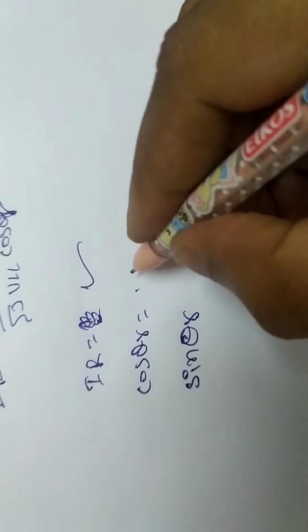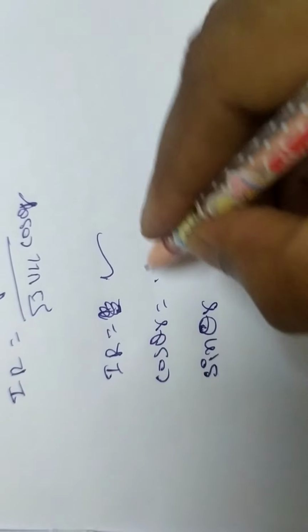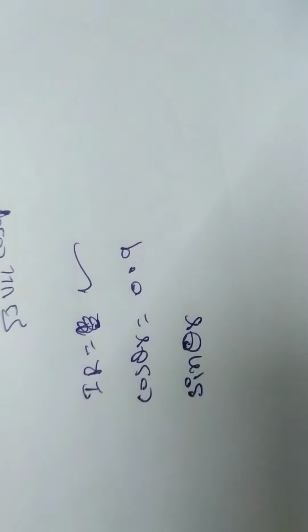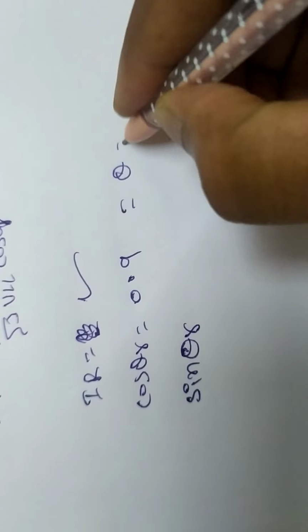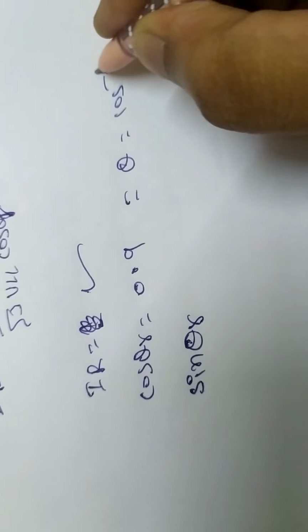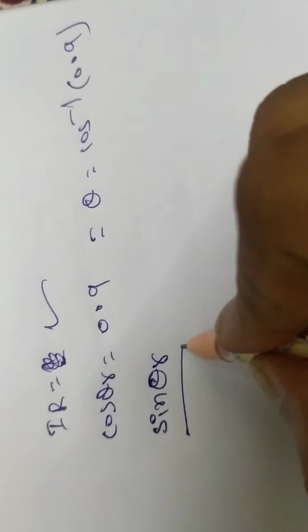So we all know that if the cos theta value is 0.9, for example, then phi equals cos inverse of 0.9. Okay, so this is sin phi R, we have to find out.